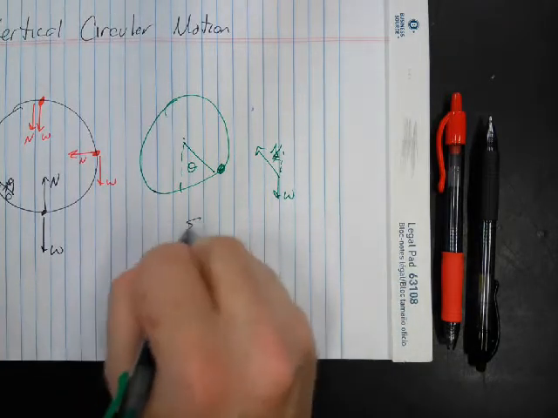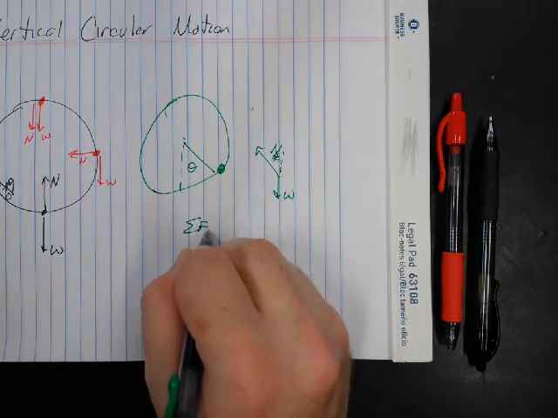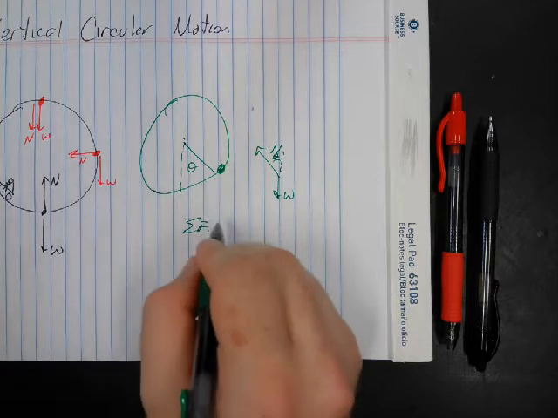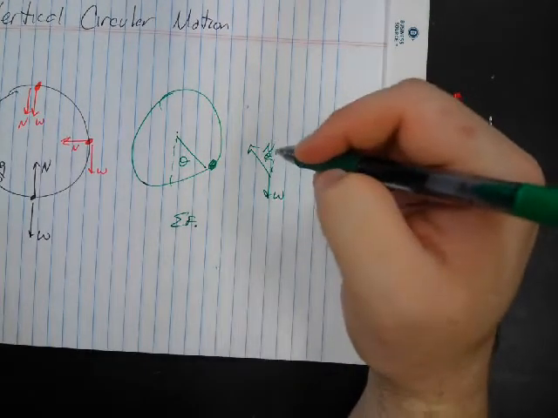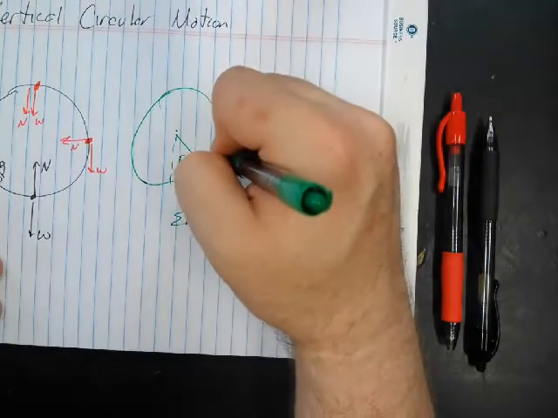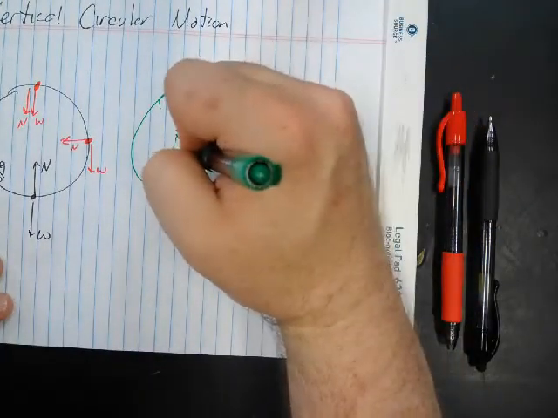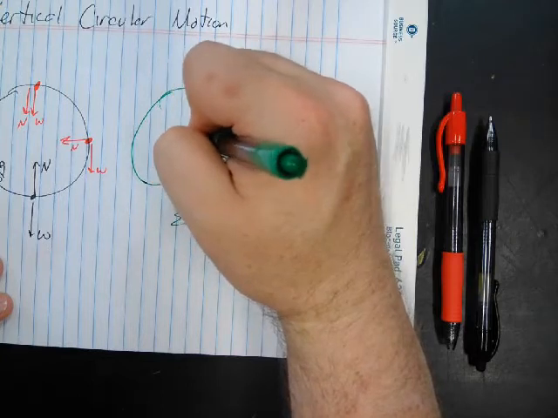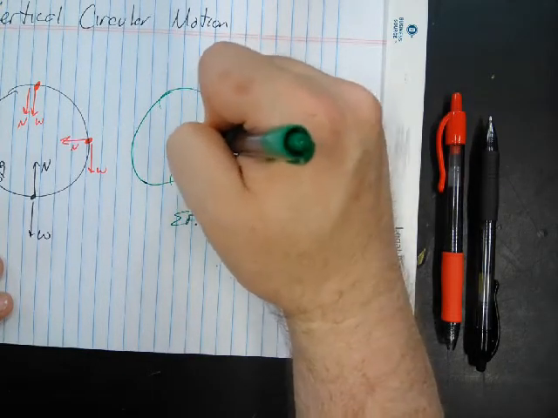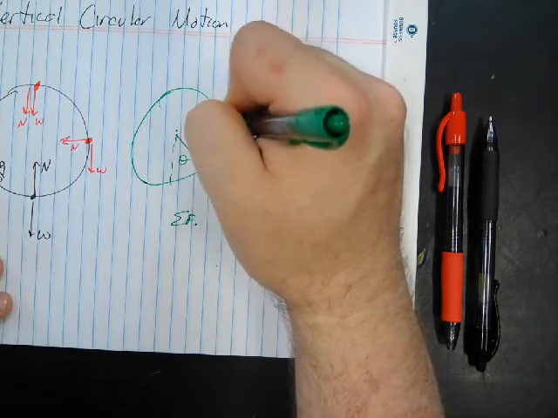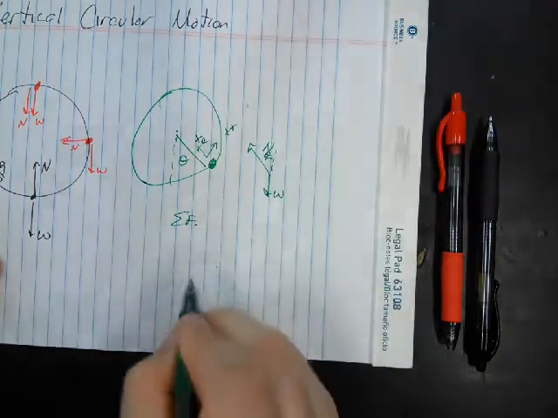And so you can do sum of the forces in the y direction and x direction, but it doesn't necessarily make sense. We're going to make coordinates that move around the circle. So we'll say into the circle is positive circular coordinates, and then along the circle is positive tangential coordinates.